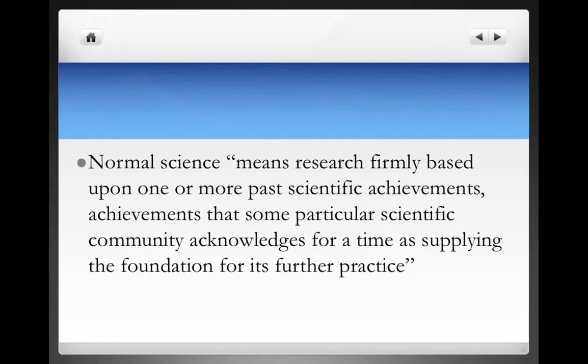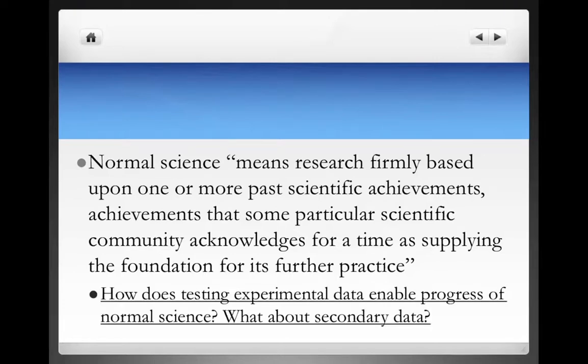But we do want to recognize that there are limitations and risks to using secondary data, even if it is tremendously common and normal science benefits from secondary data analyses. So some of the questions then that I want to think about. If we're thinking about a distinction between primary and secondary data, experimental data versus what we would call observational data, what would be a difference between experimental and observational data?